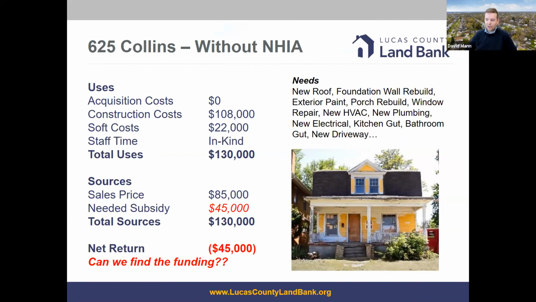And when we worked it all out, it was a $130,000 project with about $108,000 of construction costs. We looked carefully at the market and thought, in very good shape, this house might sell for $85,000. So if it's going to cost 130, we have a $45,000 gap.